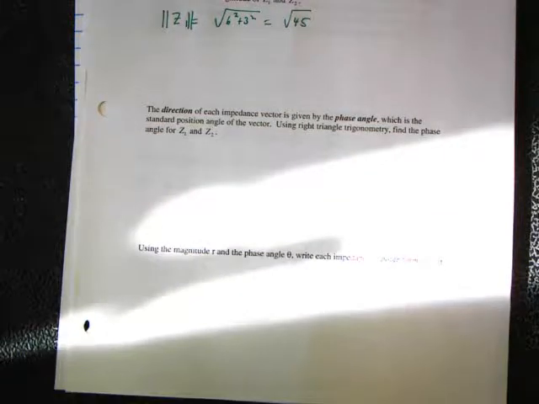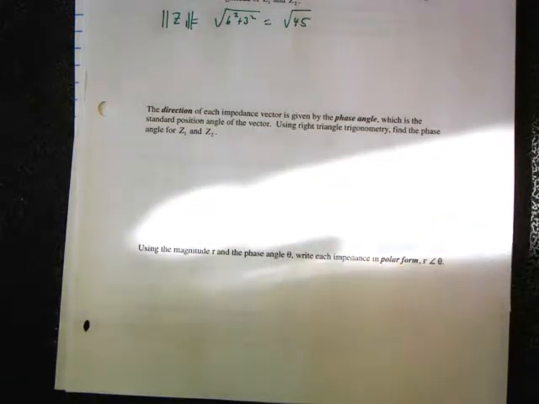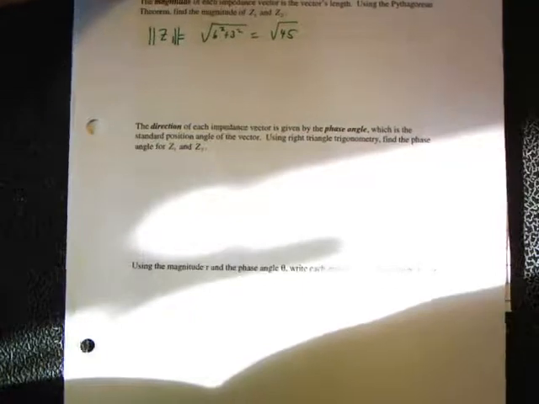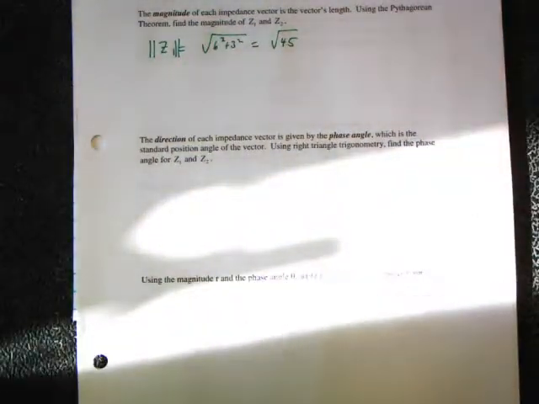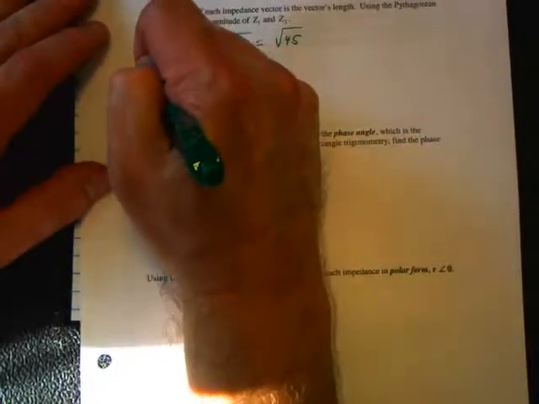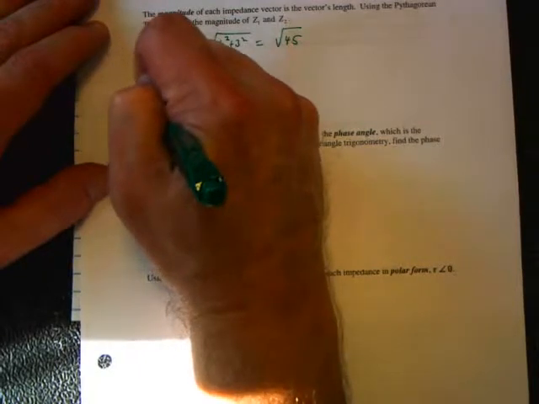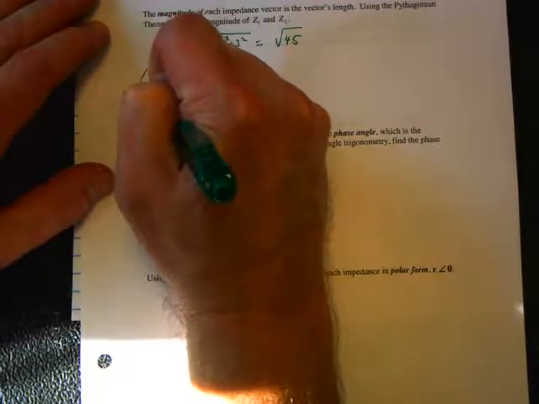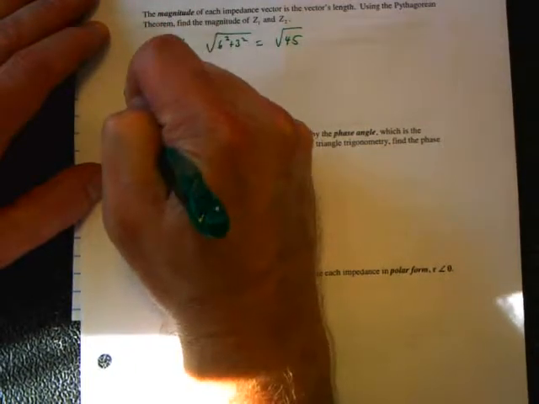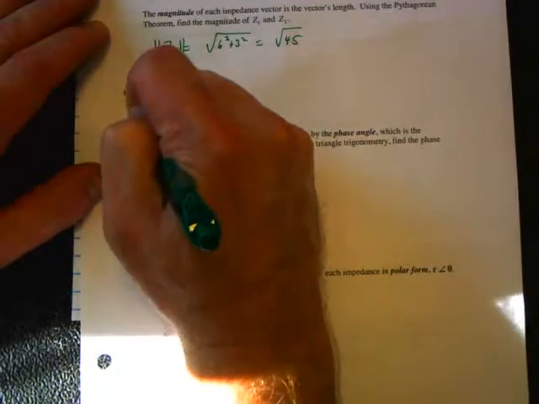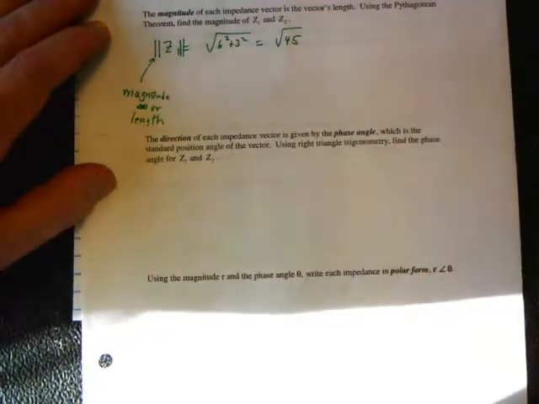And usually the symbol for magnitude looks like absolute values, but we use double bars instead. So that usually stands for magnitude or length, which is a fancy word for length, or distance.